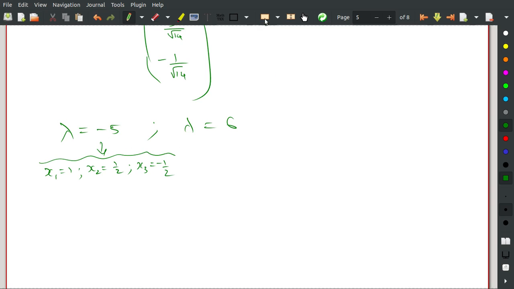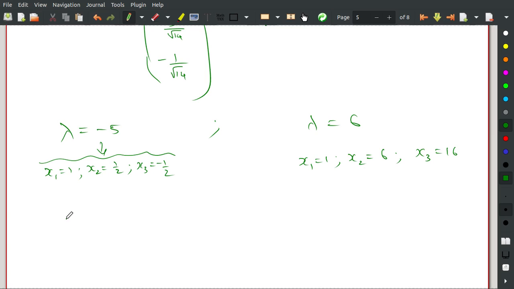Similarly, for lambda equals 6, here also I choose x1 equals 1. So I got x2 equals 6 and x3 equals 16, right?